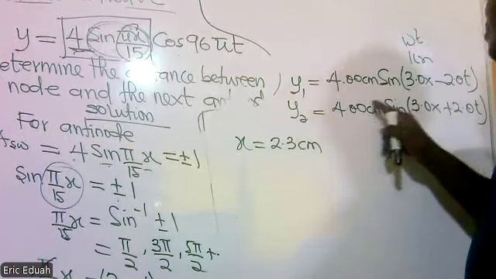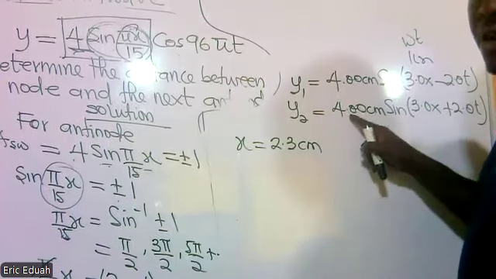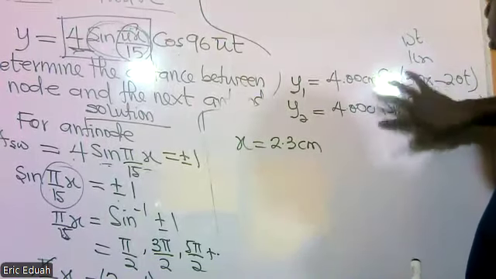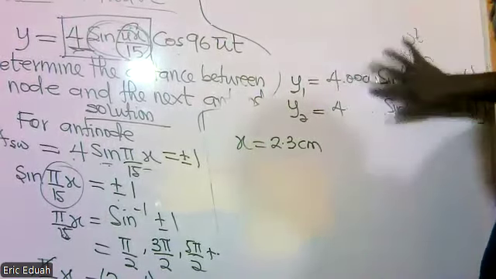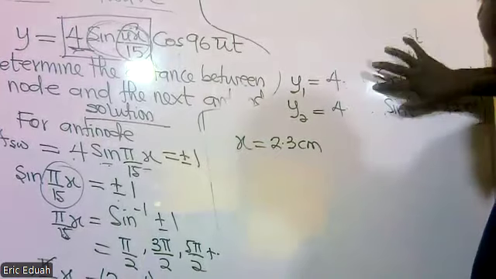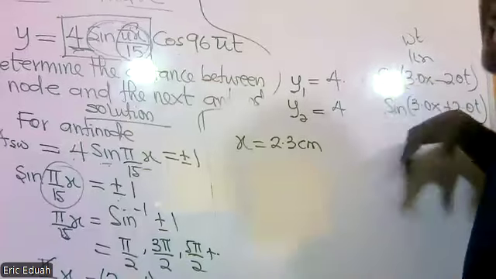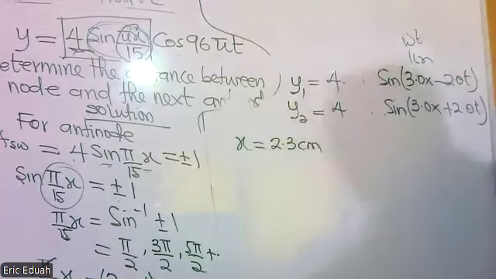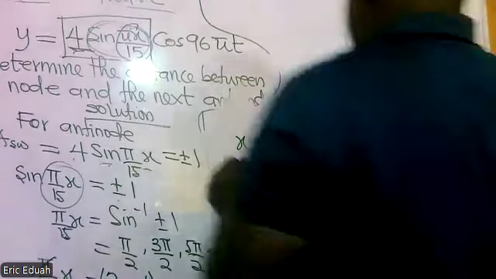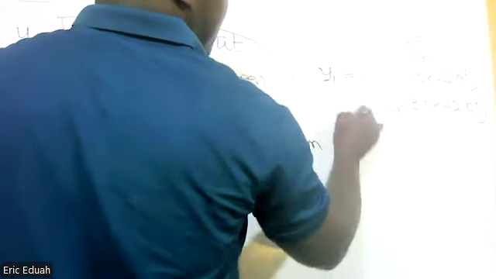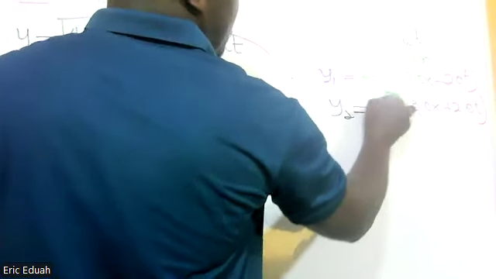And y2, 4.00 centimeter. Please don't be confused with 4.00 centimeter. All that they are saying is that this is 4 and the amplitude is in centimeter. So it's the same as just writing 4 sine for y1. Y2 is also equal to 4 sine.